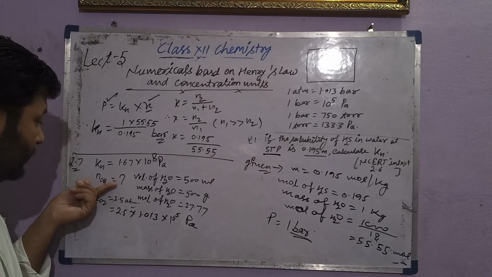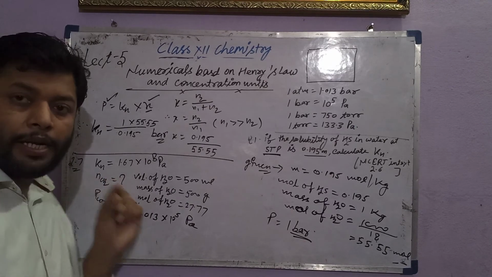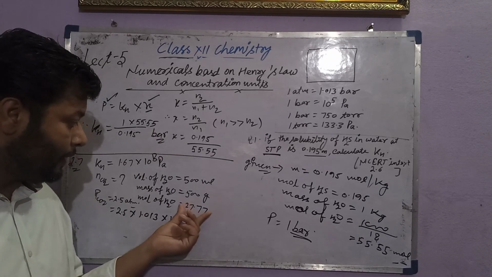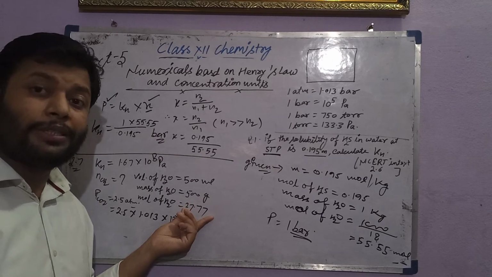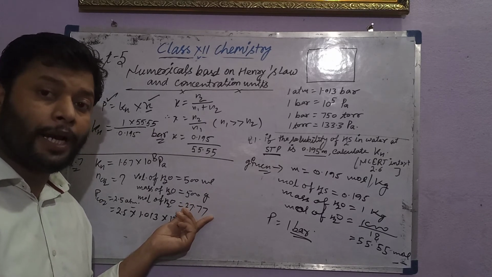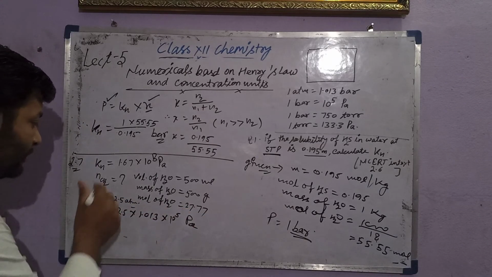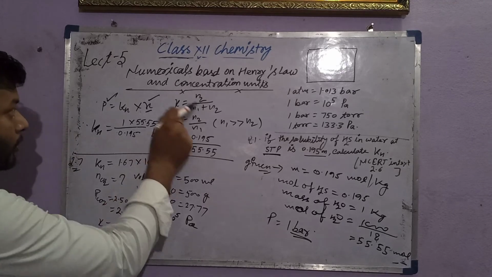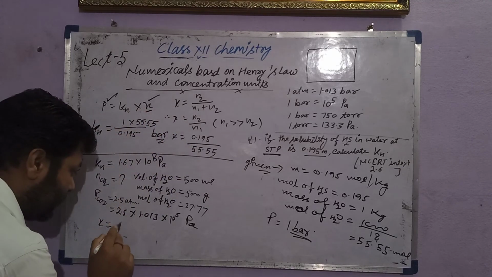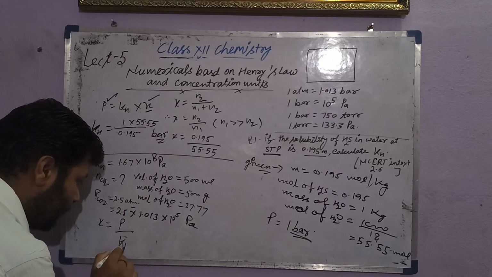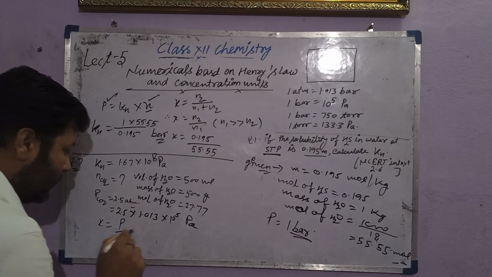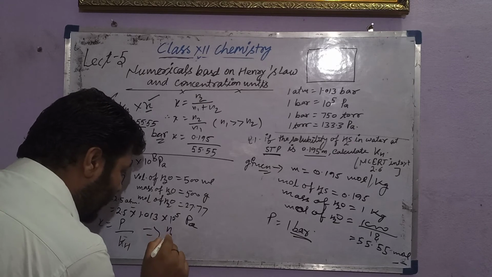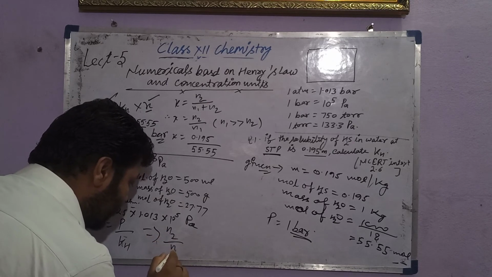Because this is a gas, and generally gases have very low solubility in water. Compared to the moles of solvent, which is 27.77, the moles of solute will be very low. So X equals P upon KH, which gives X equal to N2 upon N1.